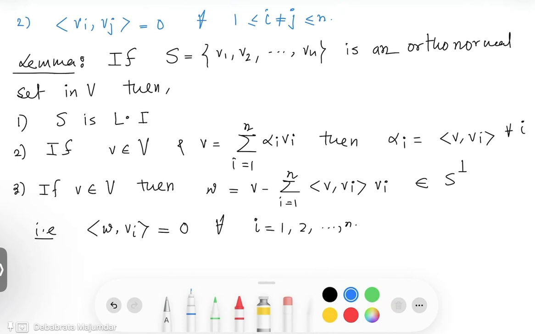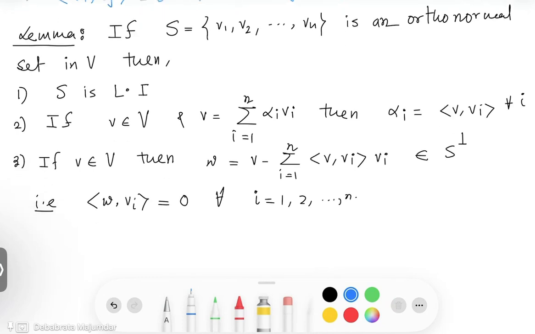Done, Lopa? Okay, so tell me the proof of the third lemma.